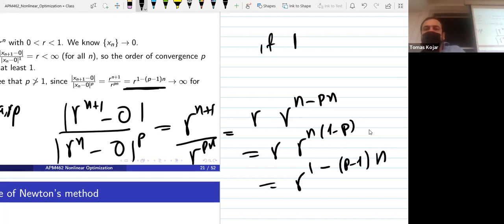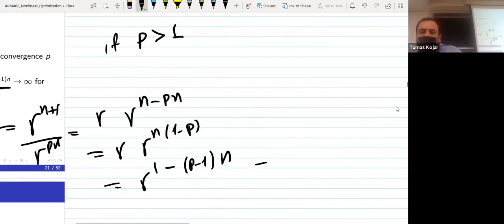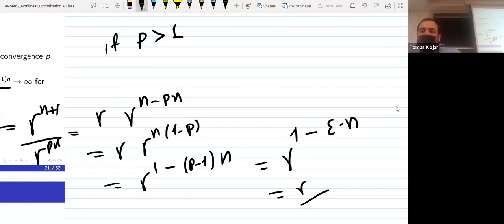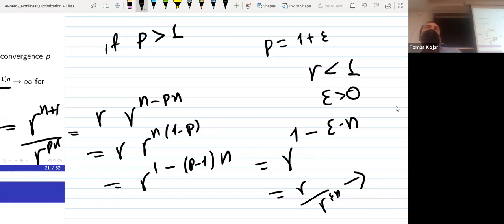Now, if p is not 1 but bigger than 1, let's say 1 plus epsilon, then what do you have? You have r^(-epsilon n), so this is 1 over (r^epsilon)^n, and this goes to what? r is less than 1, and epsilon is fixed, p is equal to 1 plus epsilon. So what's the limit? Yeah, it goes to infinity.